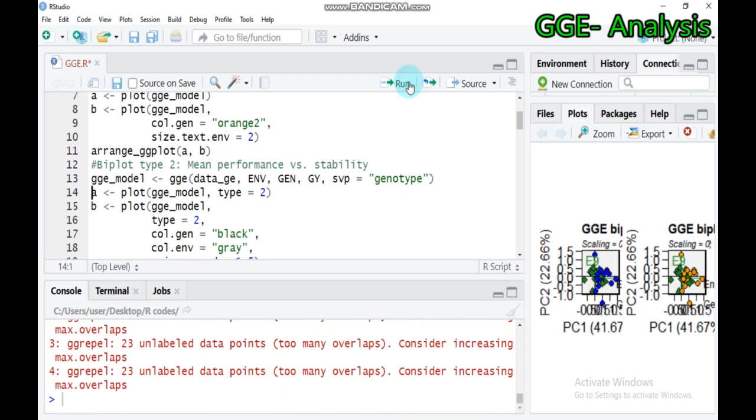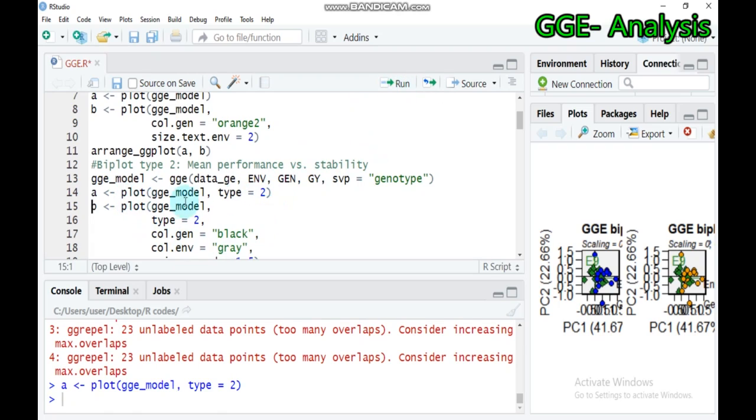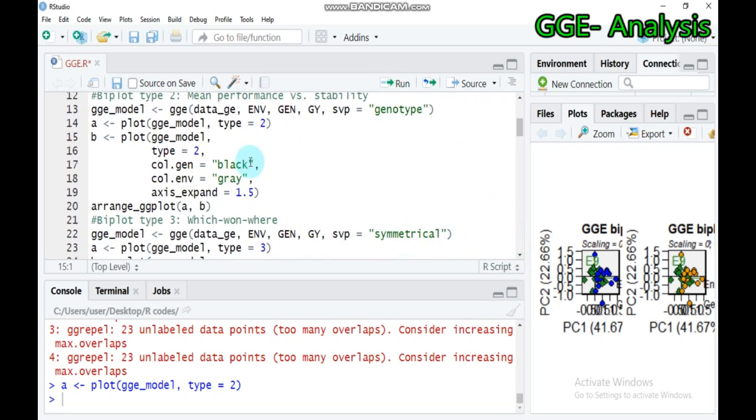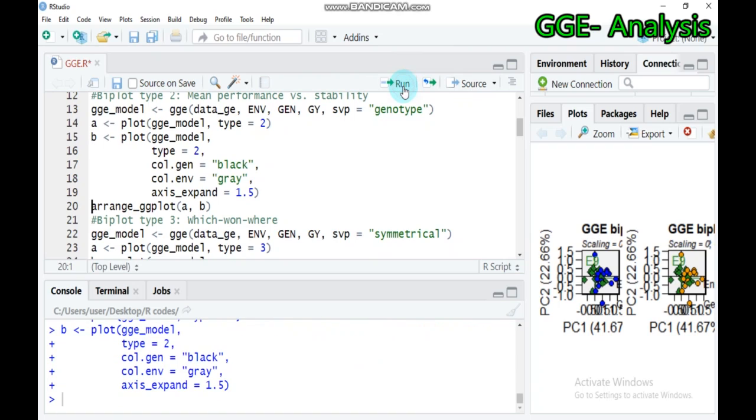So type this one and run. Here you have to refer to type 2, that means biplot 2, the mean performance and stability. So type this one and run together. Let me arrange the plot.